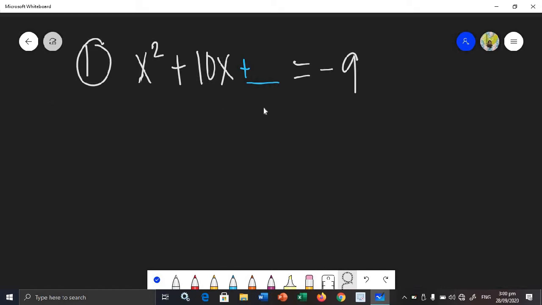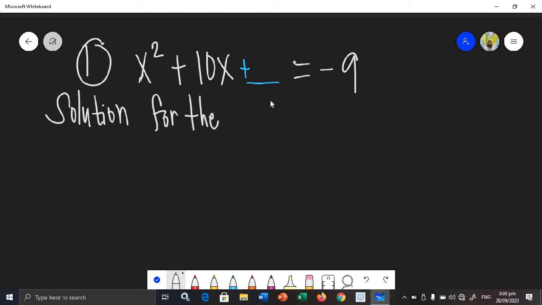Okay. We get it, ma'am. Pero how can we solve for the third term? So, ganito. For the solution for the third term, we will use the coefficient of the second term. Exactly, this coefficient.